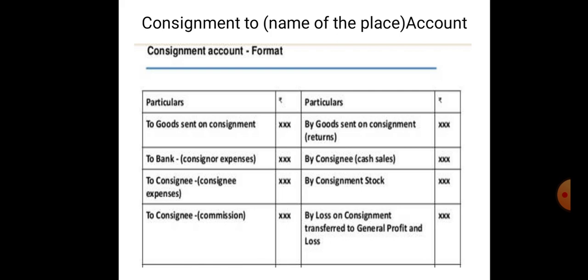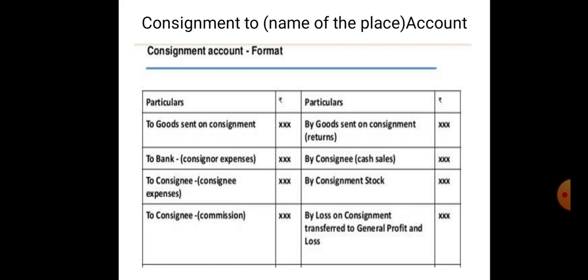Goods taken by the consignee for personal use are also credited, and the unsold stock, that is stock on consignment account, is placed on the credit side. And if the balance comes to the credit side, it shows the loss on consignment.